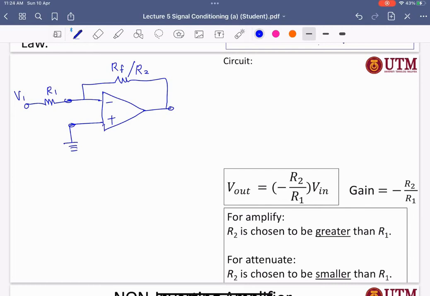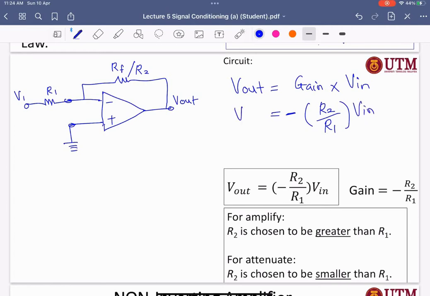And then the equation, right? This one is the V out. The equation will be V out. The concept is the gain times the V in. Okay, so the gain right here is R2 over R1, times the V in. So this is the V out.